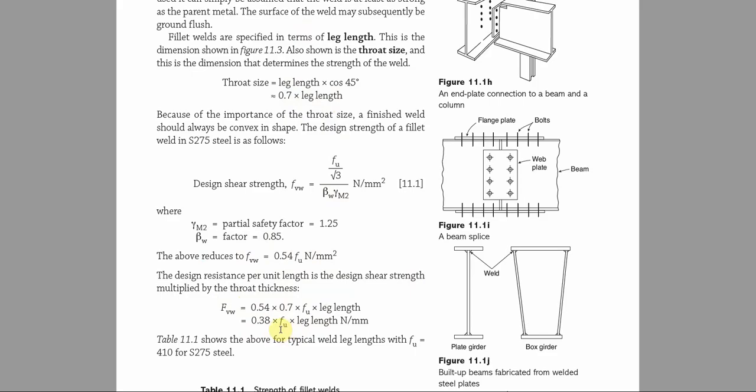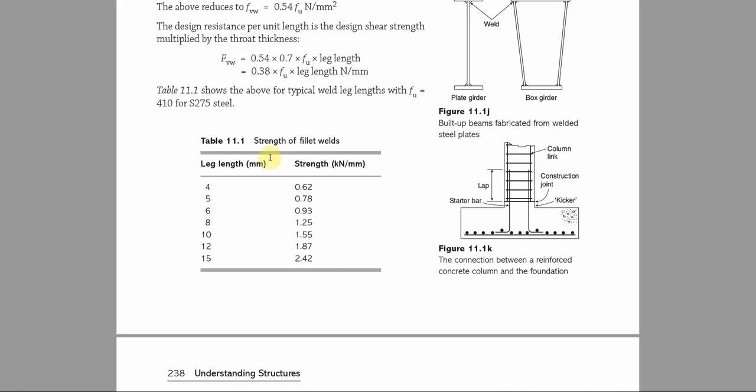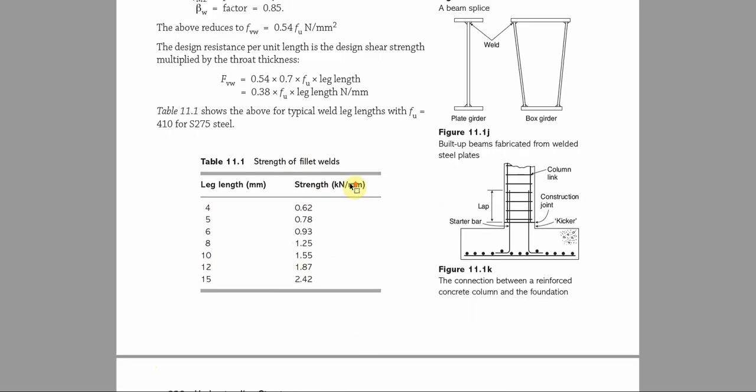Now figure 11.1 shows the above for typical weld leg lengths with Fu equals 410 for S275. Depending on the leg length in millimeters, the strength varies. Under 4 mm, the strength is 0.62. When we have a leg length of 10 mm, the strength is 1.55, etc.